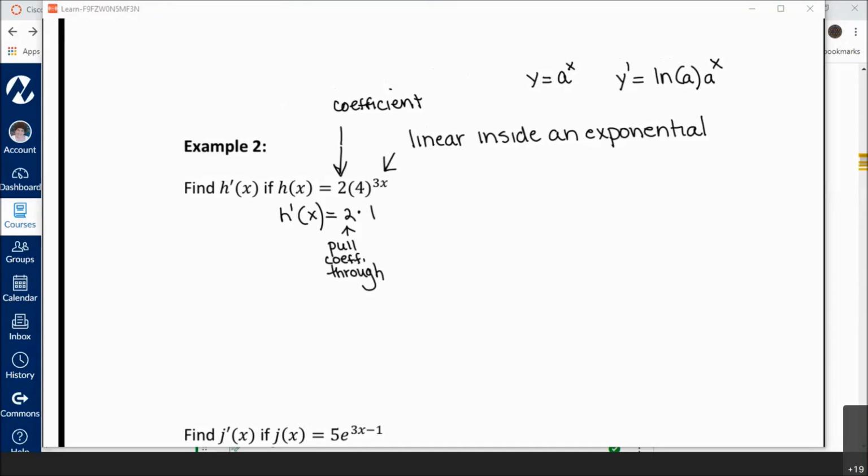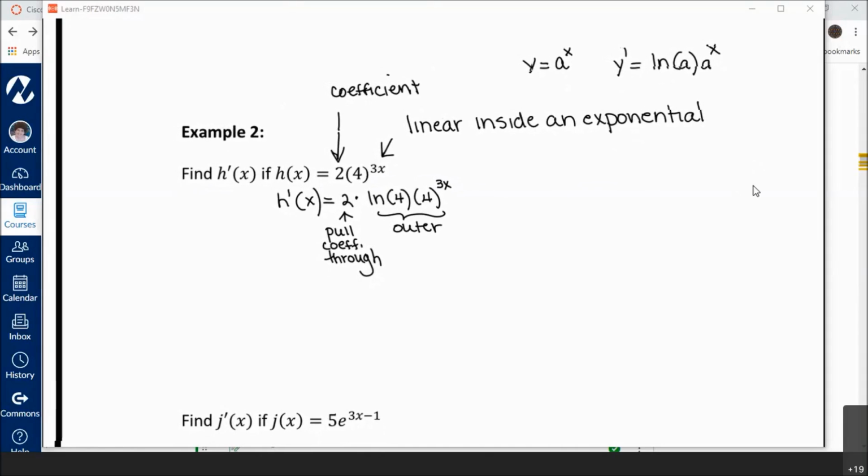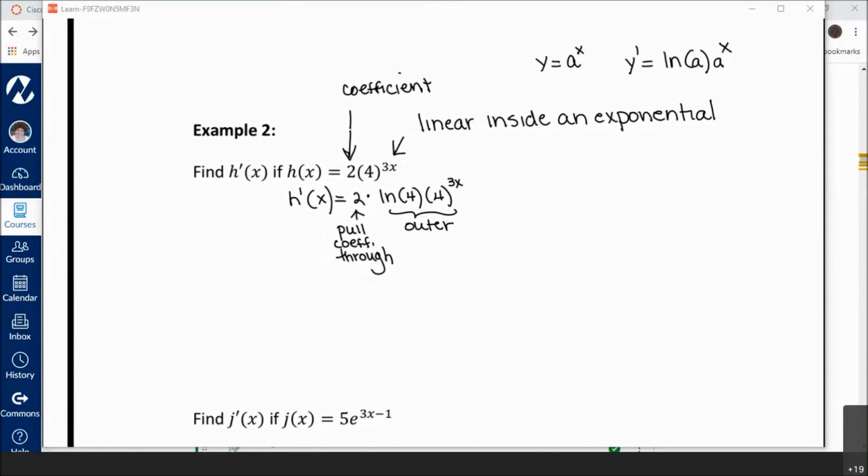So that's ln of the base, and then repeat the exponential. Everybody good with it? I'm using the pattern up here. Again, I've got too many things on the screen, but hopefully you can see that pattern from last time.